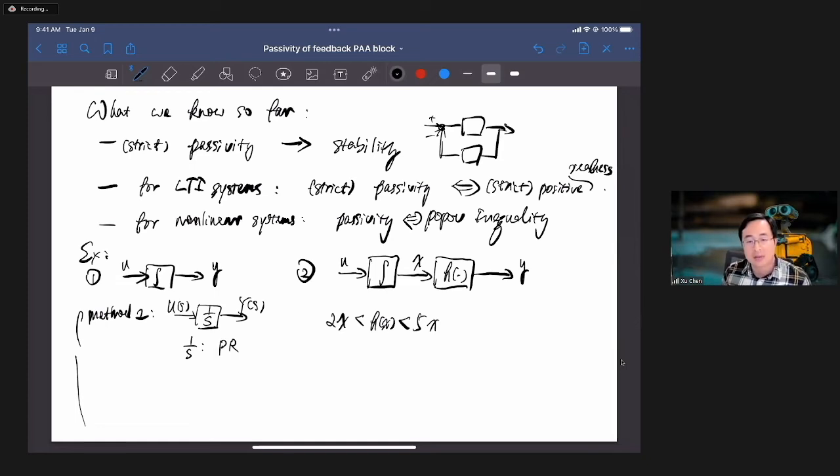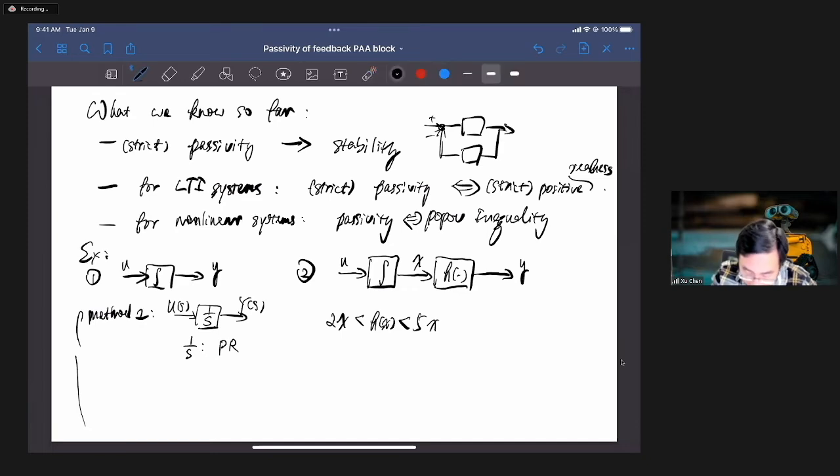This transfer function is positive real. There are a few conditions, right? This transfer function cannot have unstable poles, which is true. It can have marginally stable poles, but for the marginally stable poles, the residual cannot repeat. We cannot have double roots at the same location on the imaginary axis. And for the marginal pole, we must also have the residual, which is the coefficient over here, which is 1. The residual is positive, which is also true in here, right?